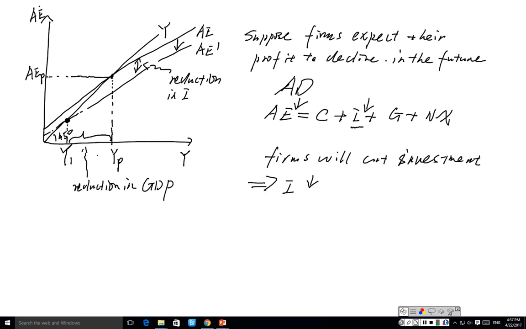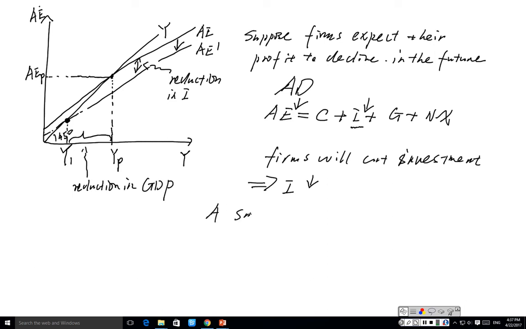So this tells us what? A very small change in the aggregate expenditure could lead to a bigger change in the GDP. That's what we call the multiplier effect.